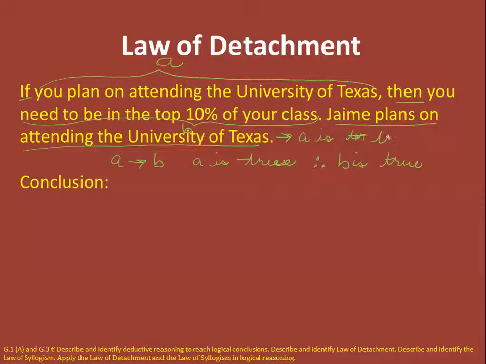So we know if A is true, therefore B is true. So my conclusion is going to be that Jamie is in the top 10% of her class.